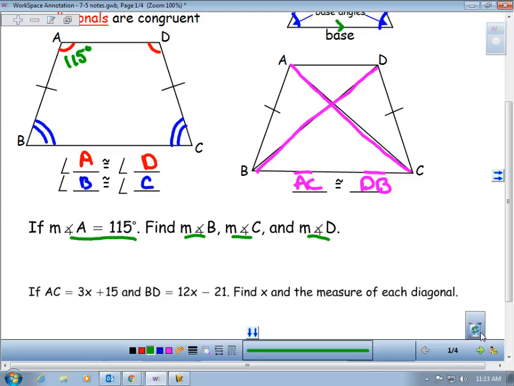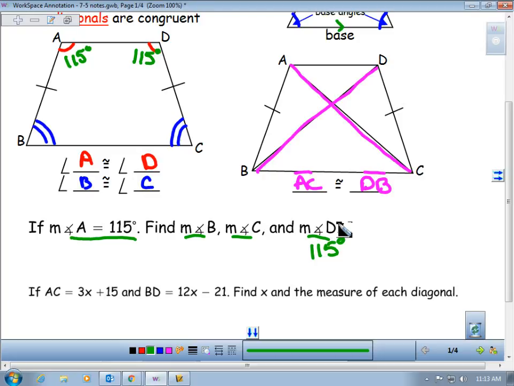One of those ought to be pretty easy. What one do we know right now pretty easily? Angle D, right? What's angle D got to be? 115, absolutely. Why? Because the base angles are congruent. Those base angles are both 115.